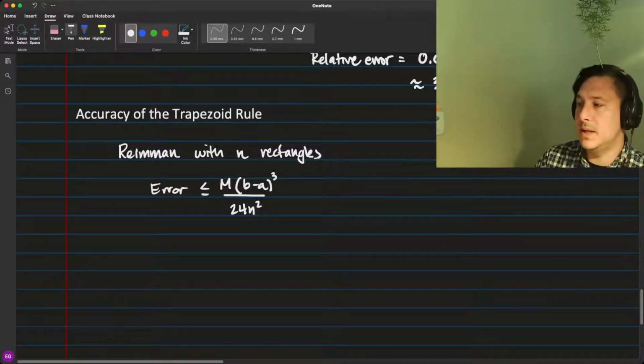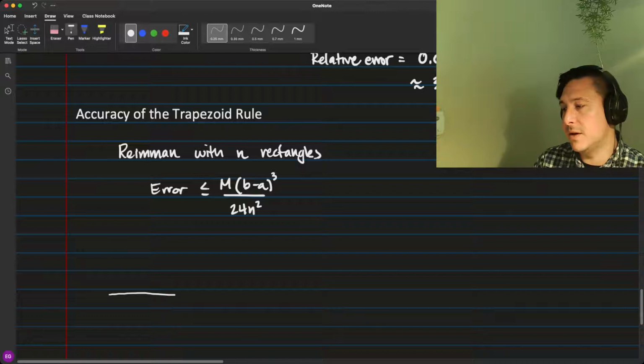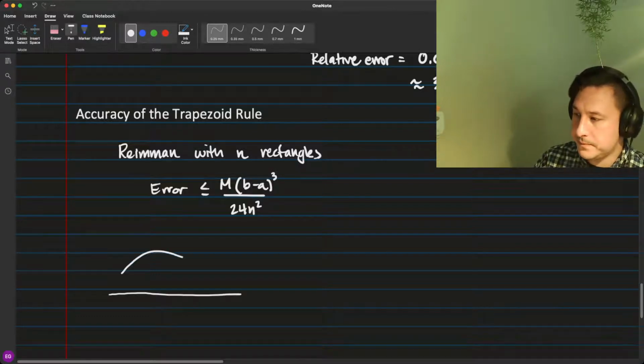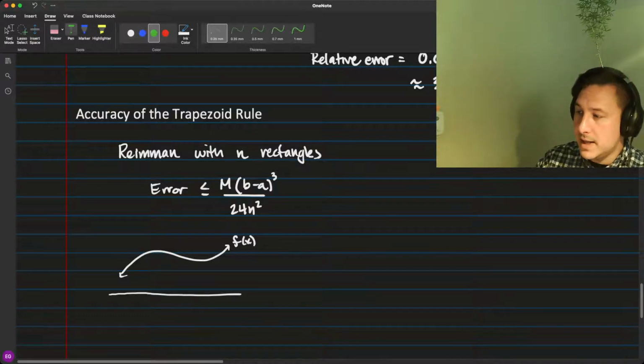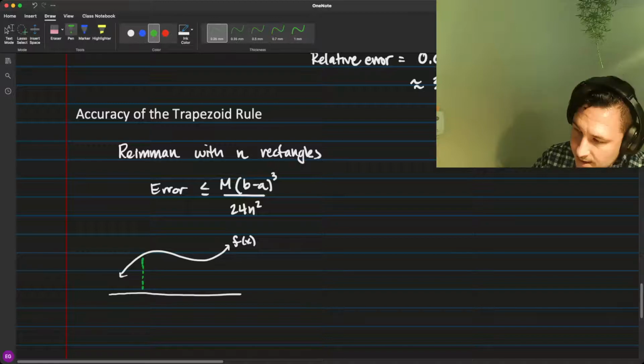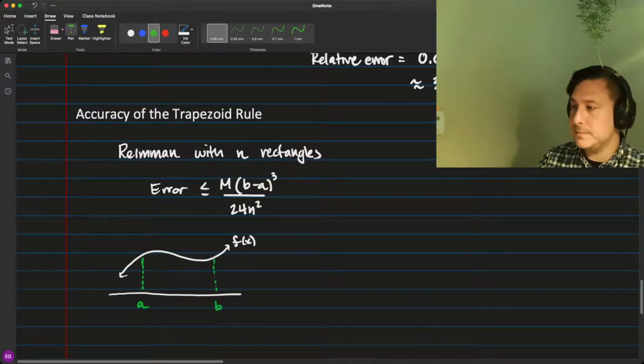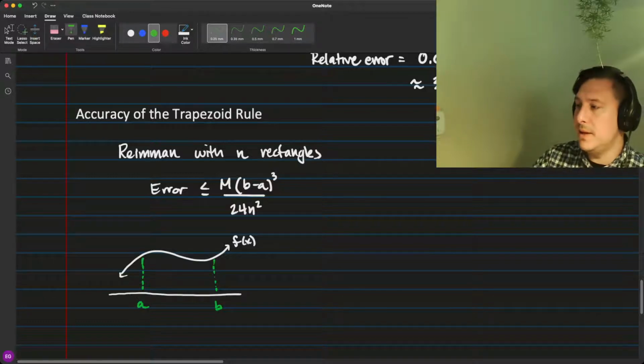So I'll explain what that is. You have your function, there's your f of x, and you're estimating the area between a and b. So that's what the a and the b are. And you're doing it with n rectangles.